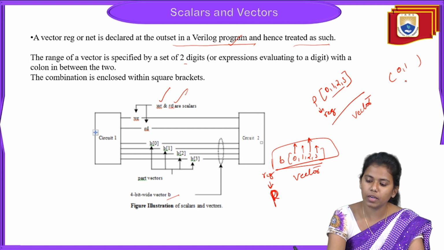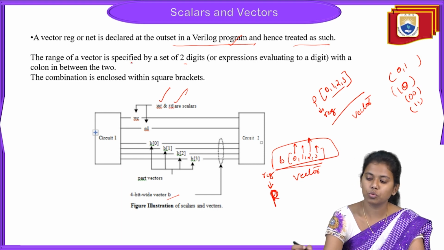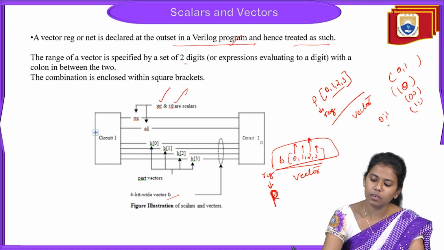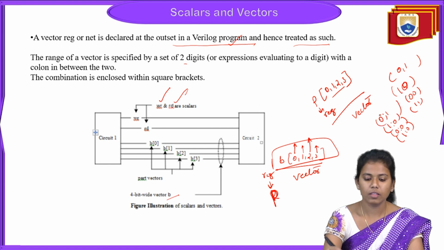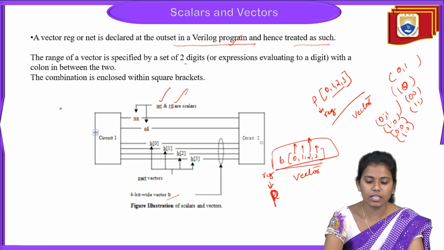That means 0 or 1, 1 or 0, 0 or 0, 1 or 1, or an expression evaluating to a digit, with a colon in between the 2. So this is how we represent the range of a vector, and the combination is enclosed within square brackets.